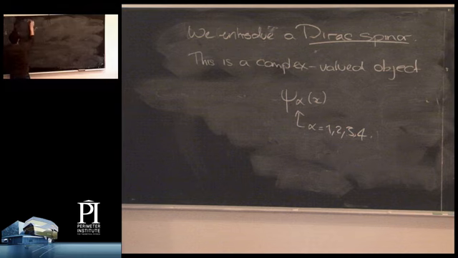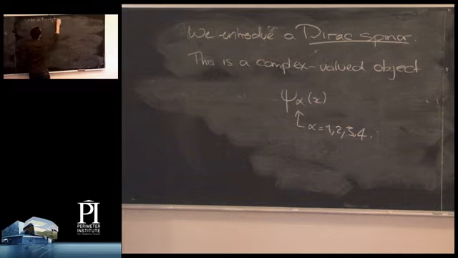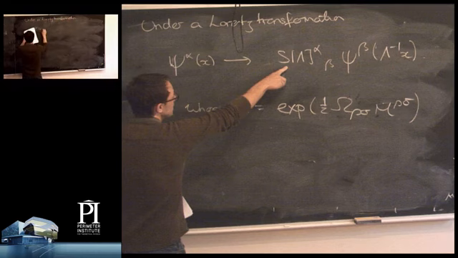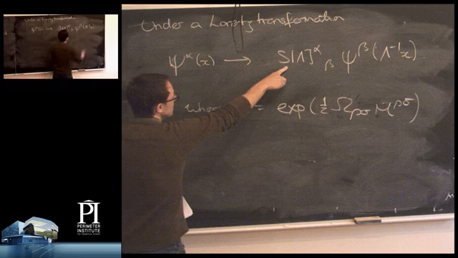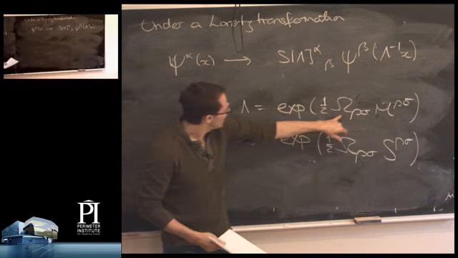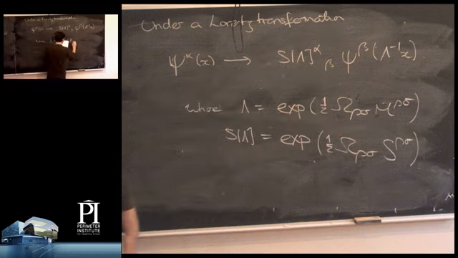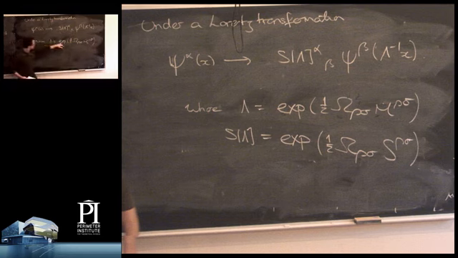Okay, so the property of this field is that under a Lorentz transformation, this transforms in the following way, where lambda is some Lorentz transformation, which, as we've seen, can always be written as the exponentiation of these particular matrices M, which we saw in the last lecture.